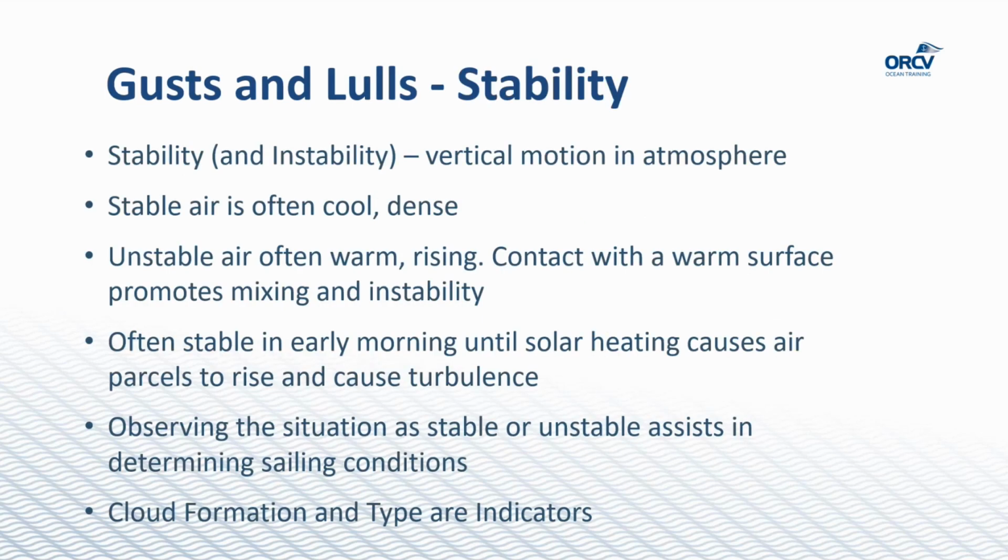So stability and being able to read it is pretty important when you're sailing. Let's say the effects of the veering wind and the friction is more critical below 8 knots.